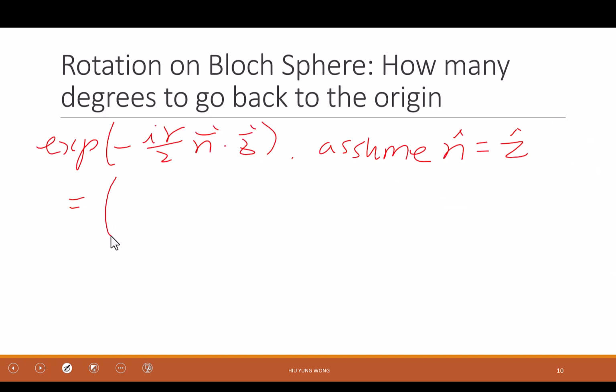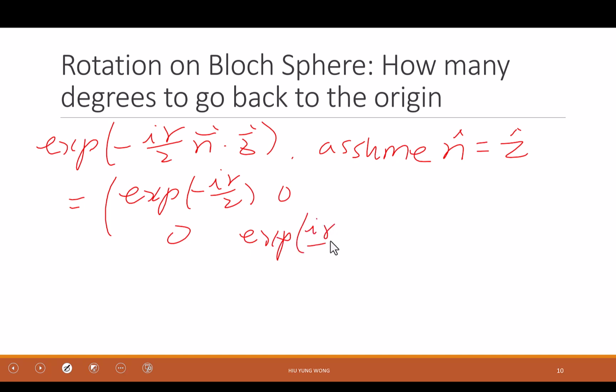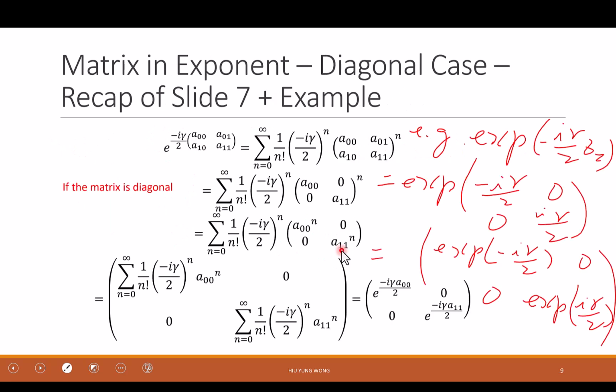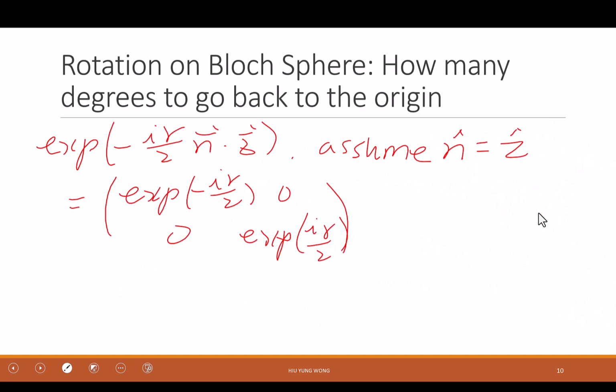This is just equal to e to the power negative i gamma divided by 2, which we copy from the previous slide. Is this okay? I'm just copying from here, assuming that we are rotating about that, right?